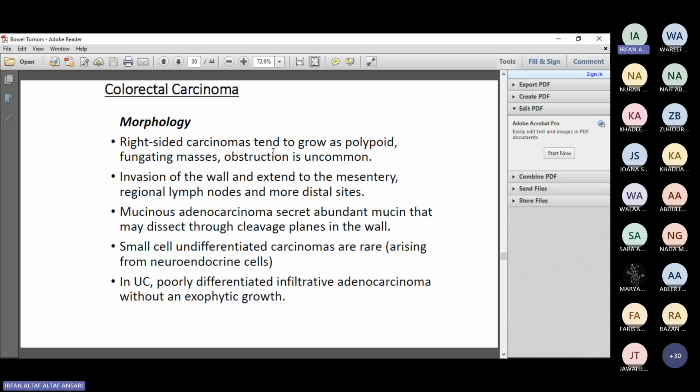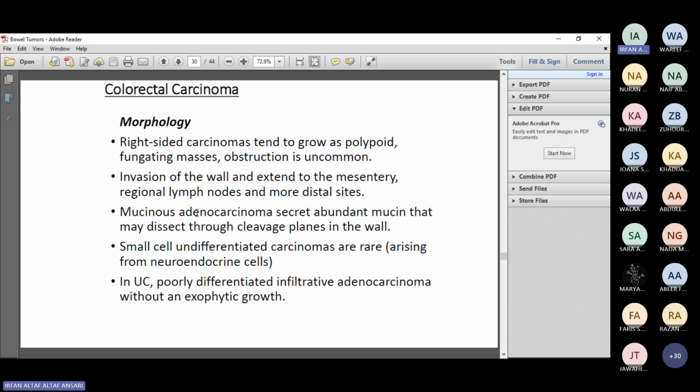Right-sided carcinoma tends to grow as a polypoidal, fungating, ulcerated mass. Obstruction here is uncommon, but bleeding is more common because there is ulceration. Invasion of the wall and extension to the mesentery, regional lymph nodes and more distal sites can be seen on both right and left sides, because as the tumor grows it goes from mucosa to submucosa to muscularis to serosa, and can go to lymph nodes or distant organs.